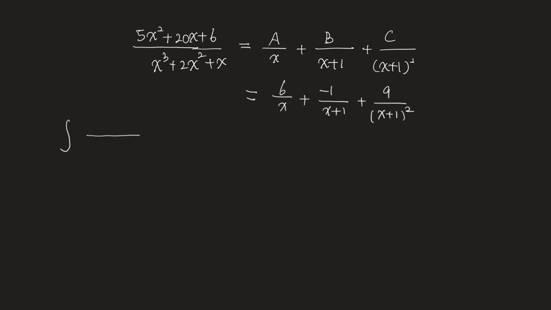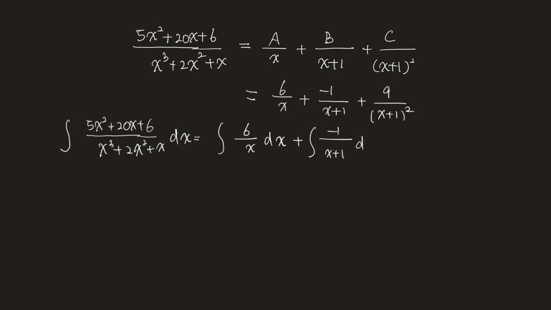Integral of 5x squared plus 20x over x cubed plus 2x squared plus x dx. You're going to take this one by one. Integral of 6 over x dx plus integral of negative 1 over x plus 1 dx plus integral of 9 over x plus 1 squared dx.